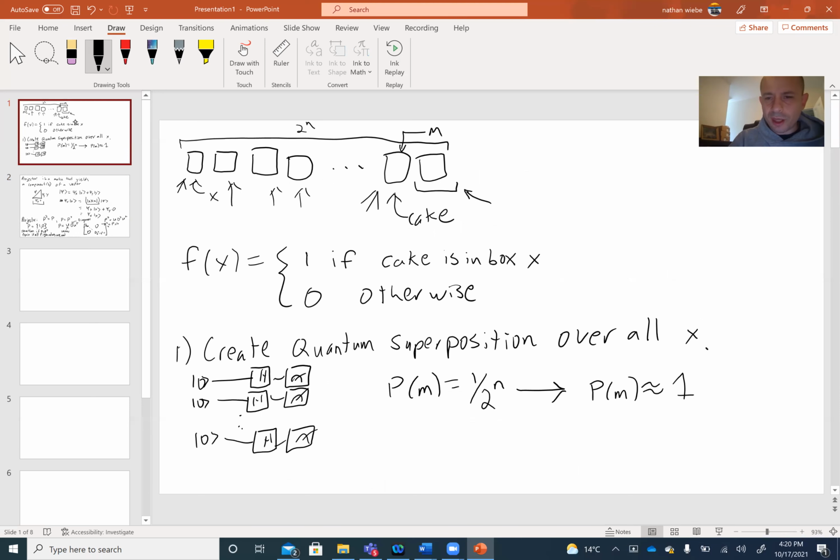Well, if we're taking a look at this case over here where we're constructing a superposition, what we've got at first is a uniform probability distribution. This is P of X over X. And what we would like to do is focus on the probability in box M, which is the box that contains the cake, and boost that probability up, ideally, to 1.